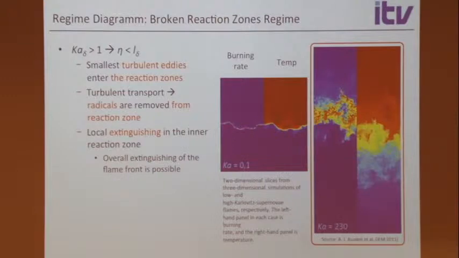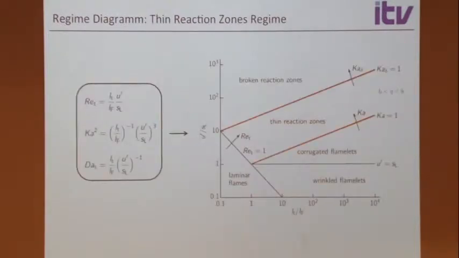You get a thin flame sheet, and this temperature. This is the same thing we saw in the experiment. And then here, when you go to very large, you don't see a thin flame sheet anymore. It seems like things are more distributed. So sometimes it's also called the distributed reaction zone regime.